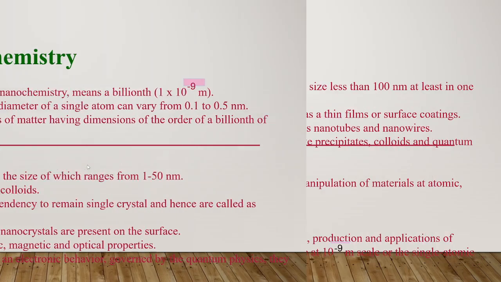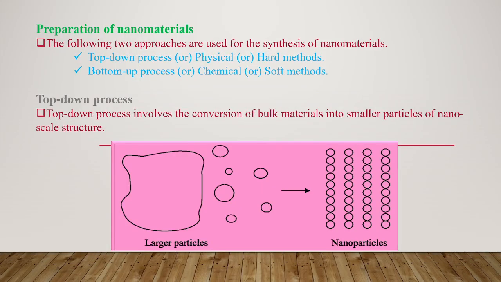Whether it is nanoparticles or nanomaterials, we can easily prepare them by two processes: the top-down process or the bottom-up process. Generally, the top-down process is a physical process, a hard method, and the bottom-up process is a chemical method, a soft method.